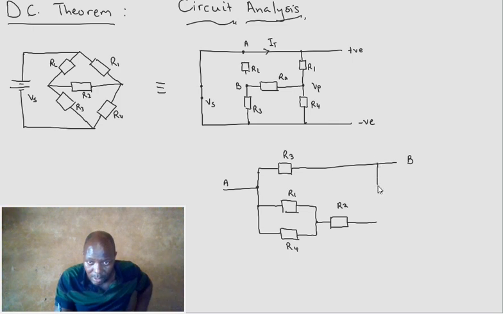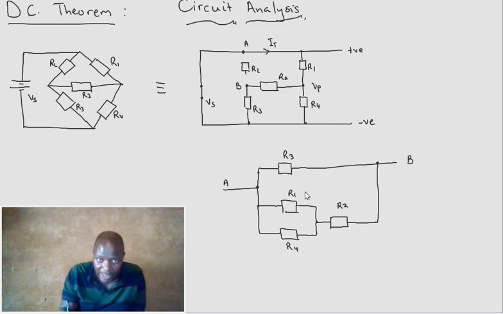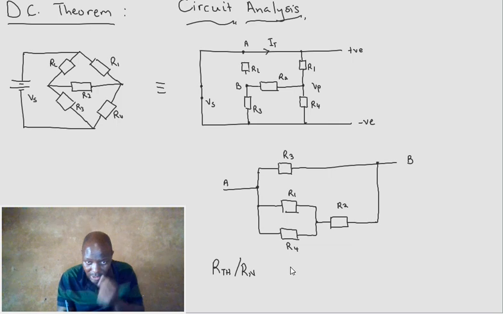So, what does it mean? See, proper circuit analysis makes our life very easy. It means these two are in parallel, in series with R2, and the whole set is in parallel with R3. It means we must work out R Thevenin, and remember Thevenin and Norton work the same, or R Norton, the resistance works the same.